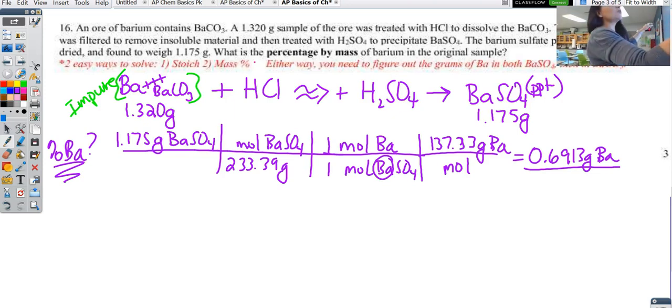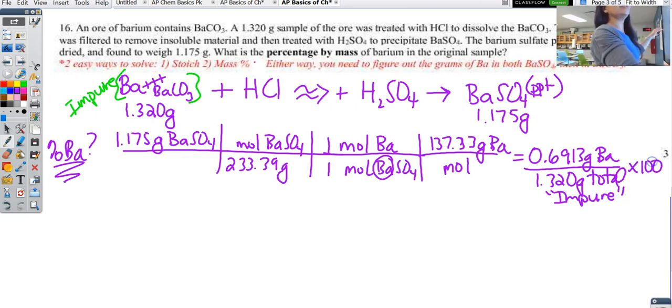So I'm going to divide by 1.320 grams total. This is the impure stuff that has barium in it. Multiply it by 100, and that gives me my percent, which ends up being 52.37% barium. Okay, so that's one way to solve the problem.